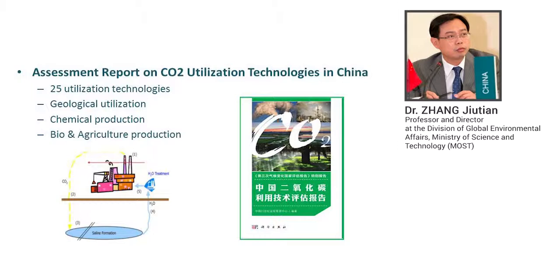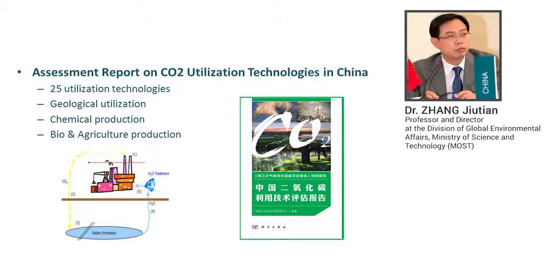One is geological utilization, second, chemical production and utilization, third, bio and agriculture production. Based on the evaluation, China will have great potential to use CO2 rather than just store CO2 on the ground. These are the two cases I'd like to share with you.